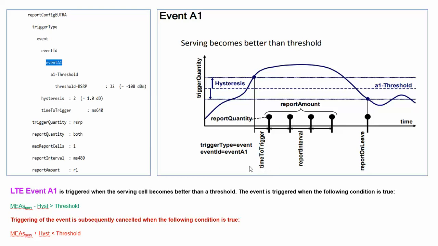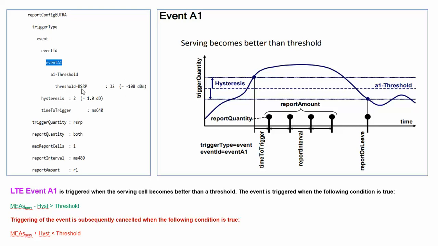Next is event ID. Event ID means trigger type, that is, when the event is triggered. Here event A1 is set, and we can see on the message snap that A1 is the event, and in this A1 event this parameter is defined.